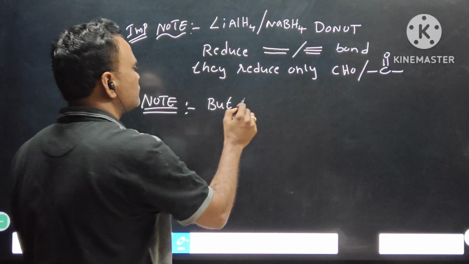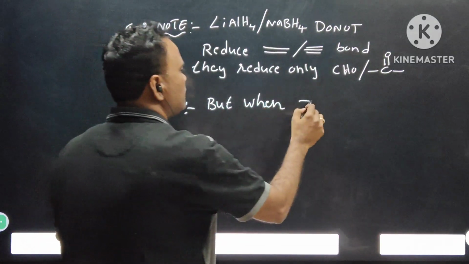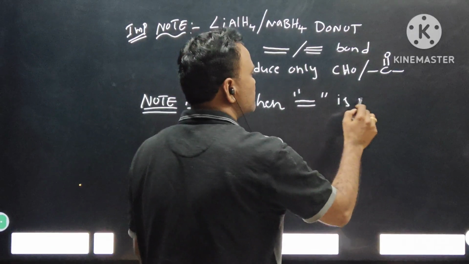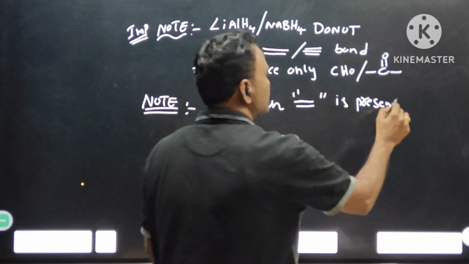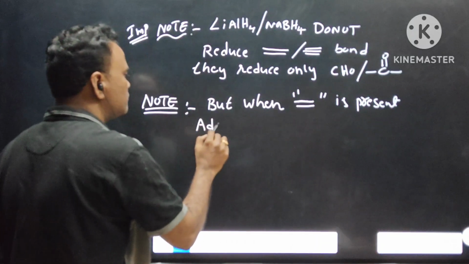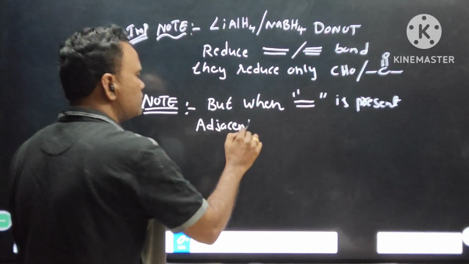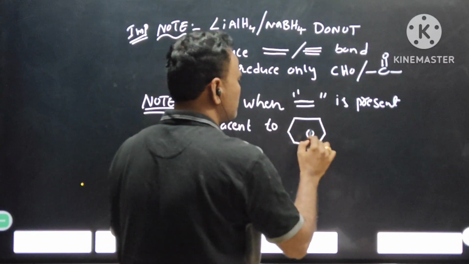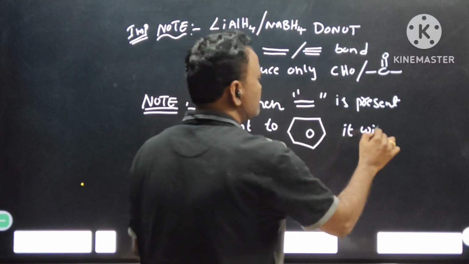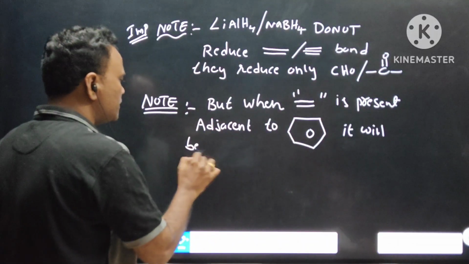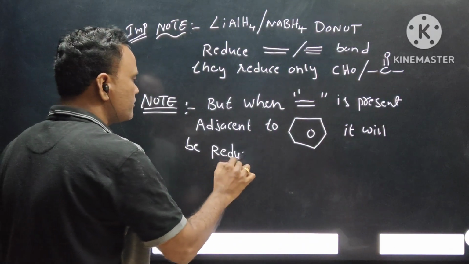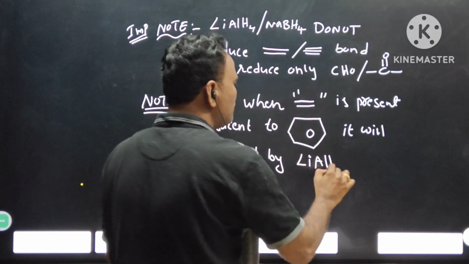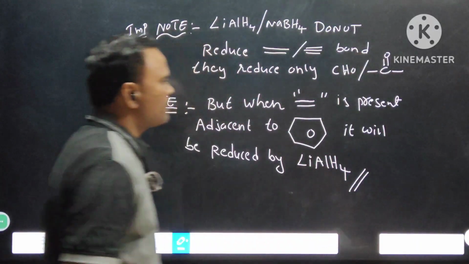But when double bond is present adjacent to benzene ring, it will be reduced by LiAlH4.